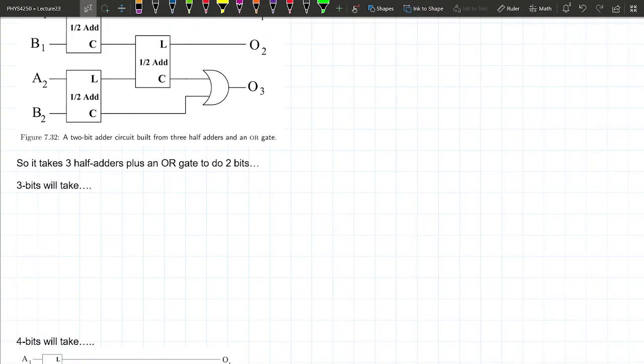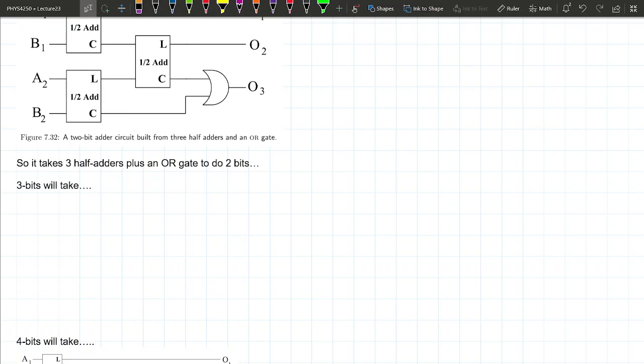So if we want to add 2 bits by 2 bits... sorry, if we want to add 3 bits together, let's just do one more, because it's going to take a while if I have to draw the 4 bits by 4 bits. When you add 3-bit numbers together, instead of 2 bits on each number, you have 3 bits on each number.